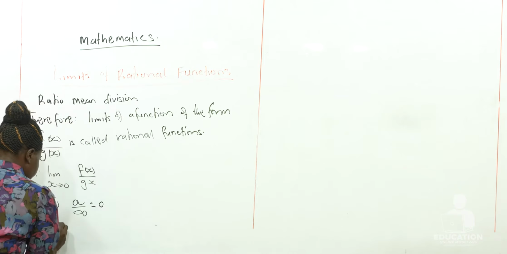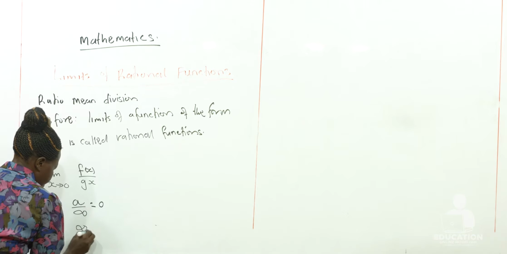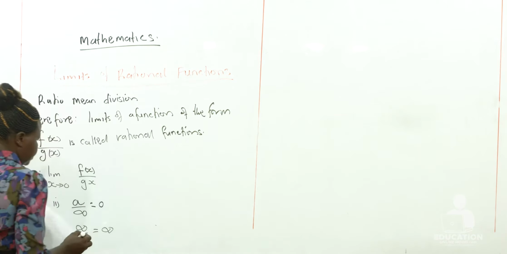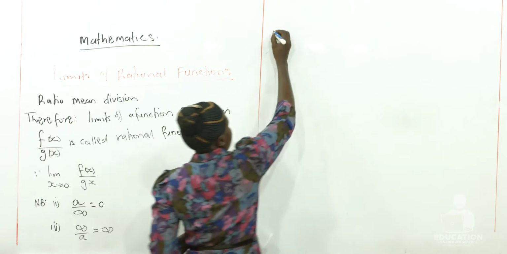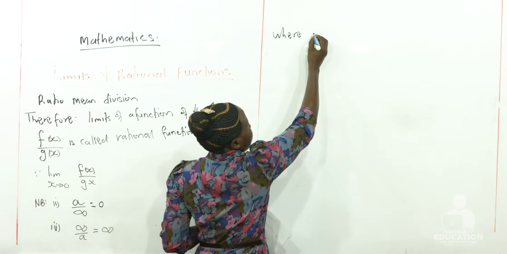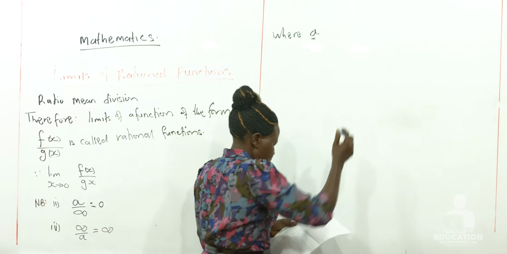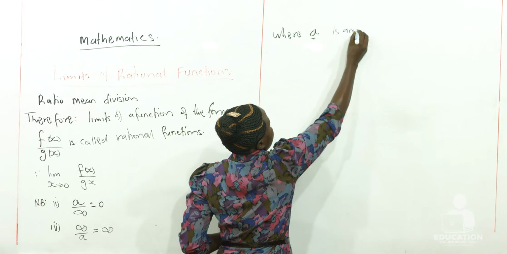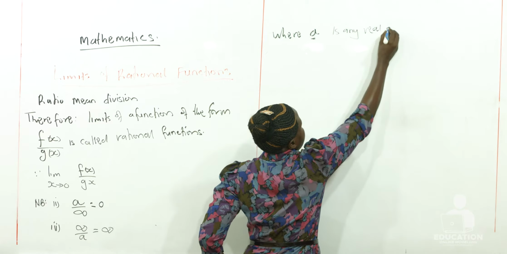And then Roman 2: infinity over A will give us infinity, where A is any real number.